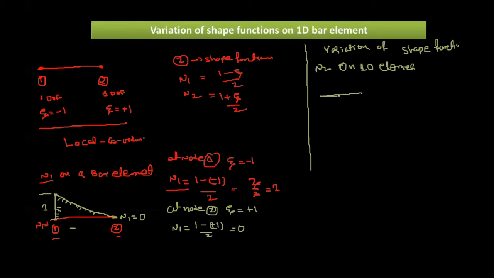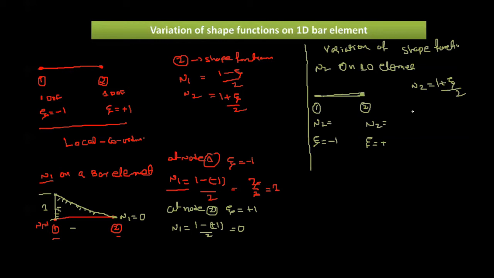Let us take the same element having nodal point 1 and nodal point 2. Let us find the N2 value at nodal point 1 and at nodal point 2. At nodal point 1, zeta is minus 1. At nodal point 2, zeta is equal to plus 1. We know that the N2 formula is 1 plus zeta by 2.